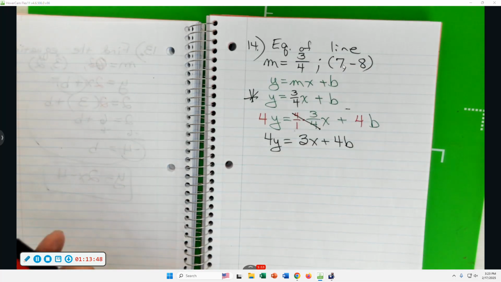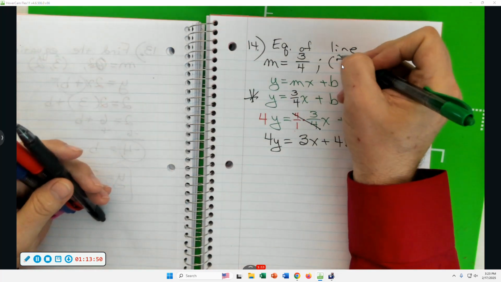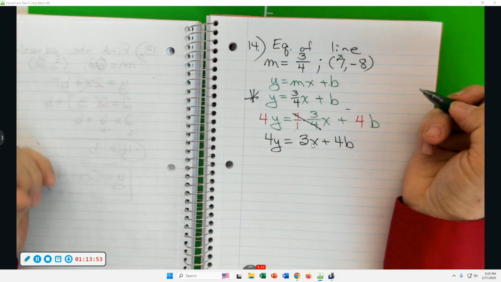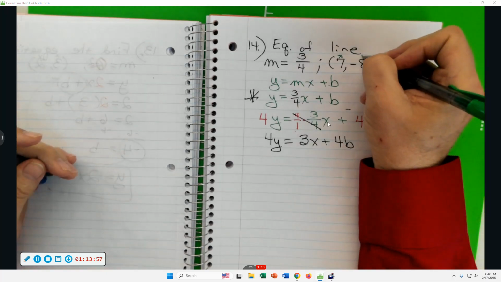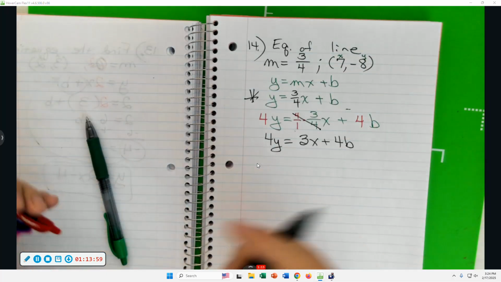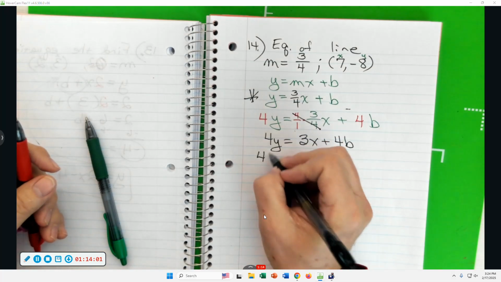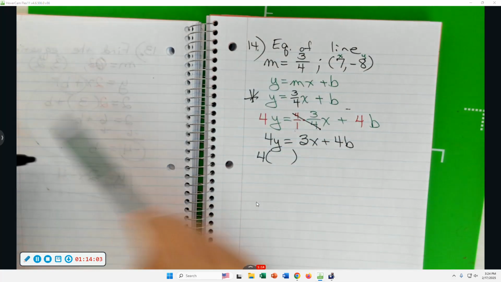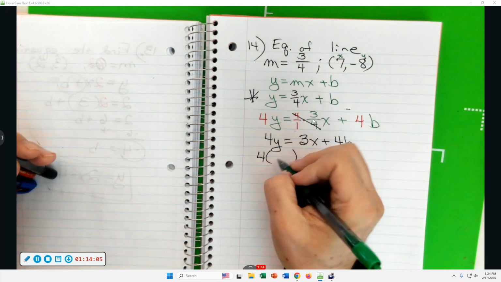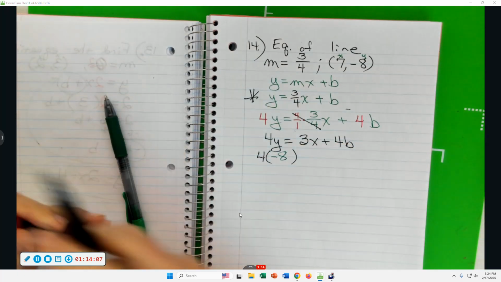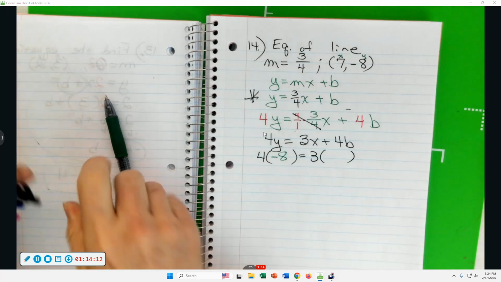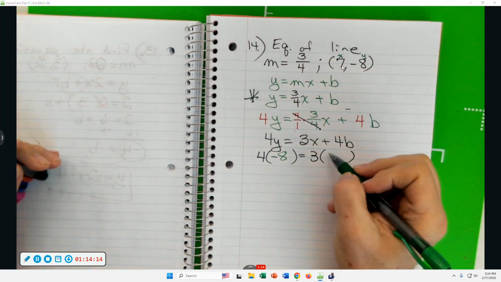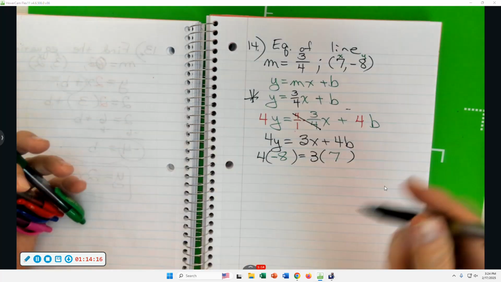We're going to have to plug in 7 for x. What are we going to plug in for y? -8. So we have 4 times, replacing the y with -8, equals 3 times, replacing the x with 7, plus 4b.